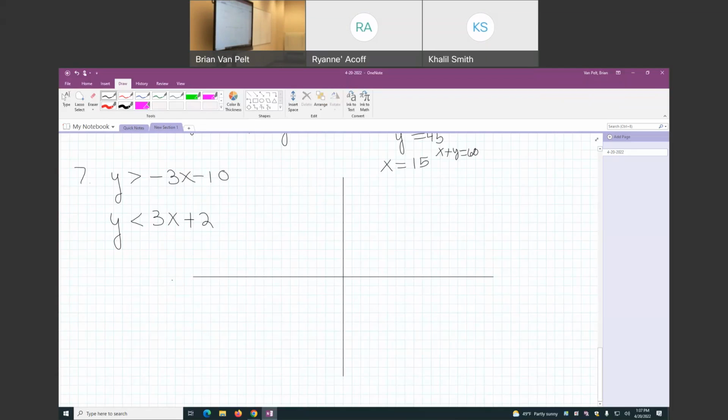Okay, let's start first with the first line. Tell me how to graph the first one, negative 3x minus 10. Tell me how to do it.